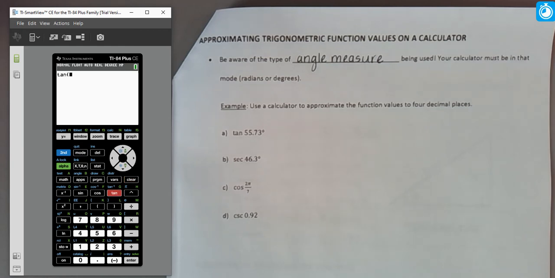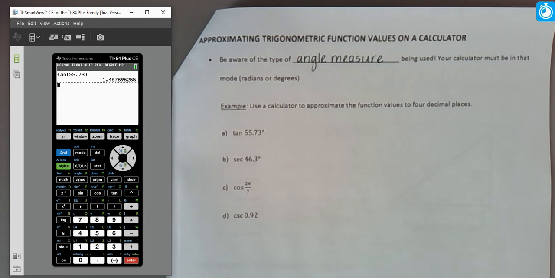So I'm going to hit the tangent button first, and then, since I know I'm in degree mode, I'm just going to type in the degree measure for this angle, which is 55.73 degrees. It's not going to put a degree symbol, but your calculator knows that it's intended to be in degrees. Once I have that typed in, I can just press enter, and that's going to give me the trigonometric value.